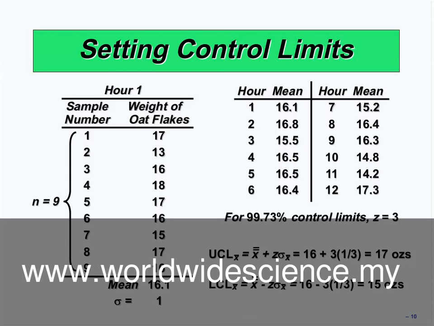We have calculated the mean for 9 cups in each hour: 16.5, 16.8, 15.5, 16.5, and so on until hour 12. X bar means the mean of means. It has been calculated and written in the table at the top of the slide.